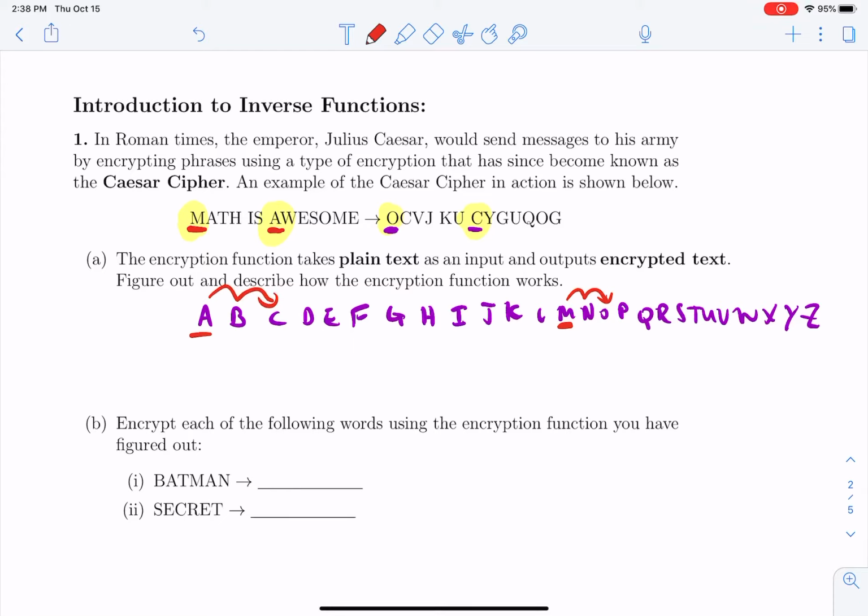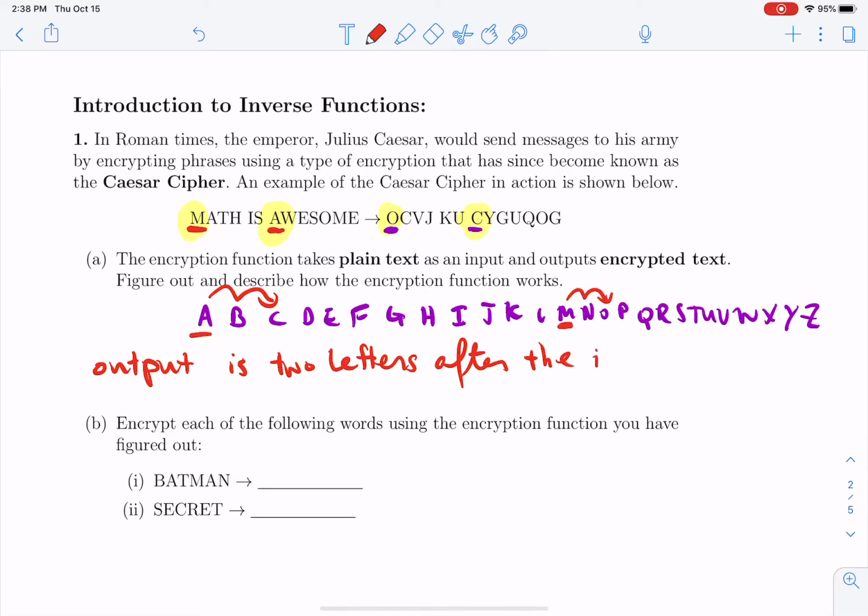So it seems that the cipher's output is 2 letters after the input. You might say it's input plus 2 letters.